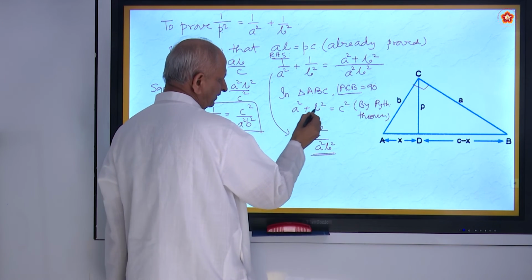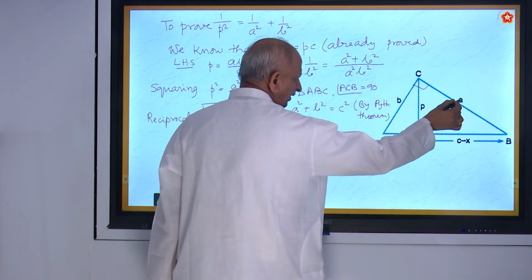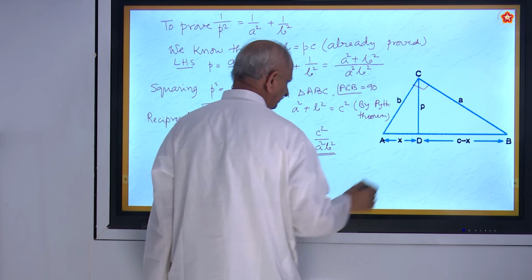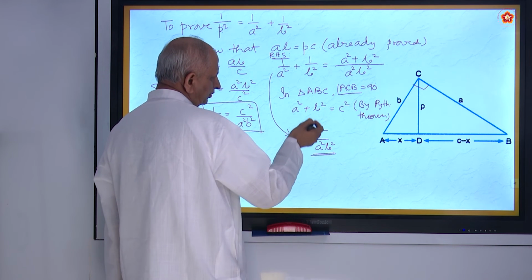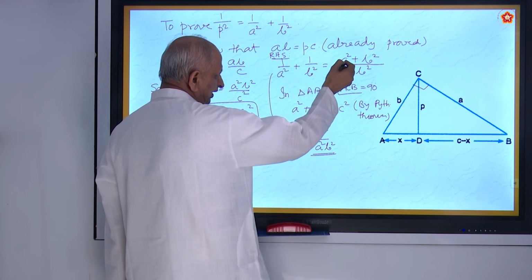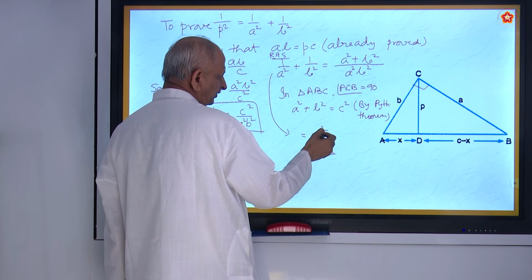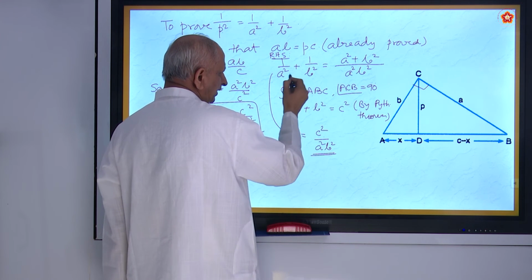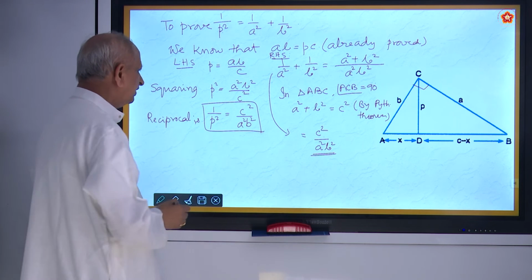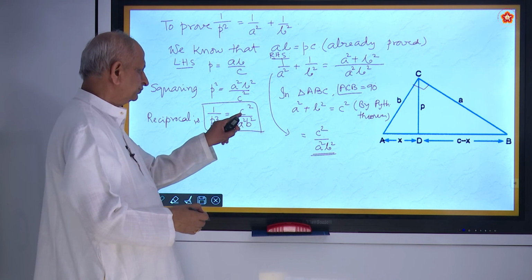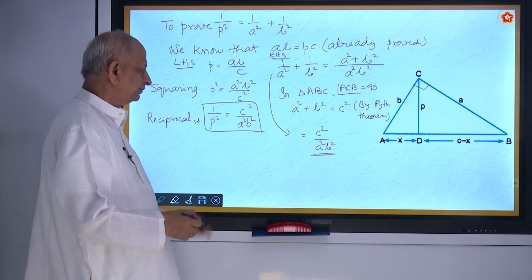So A squared plus B squared is equal to C square. So here you get instead of A squared plus B squared, you write C square. And this is A squared B squared. And the same thing you get here also. C squared by A squared B squared.